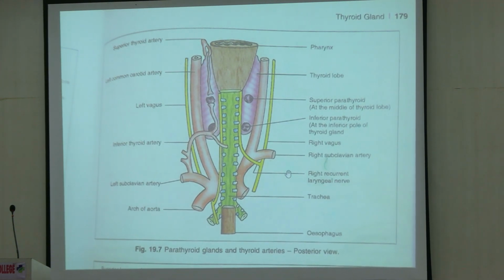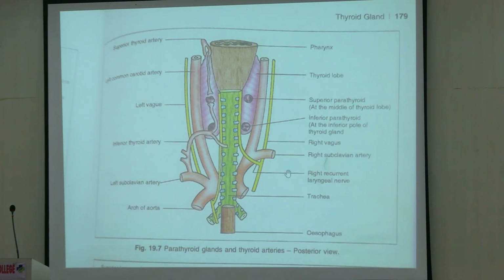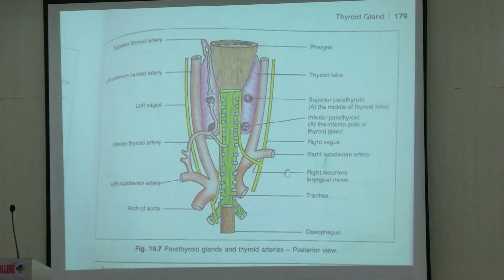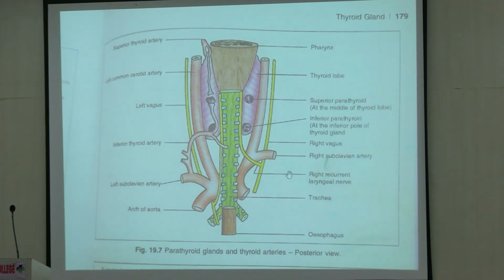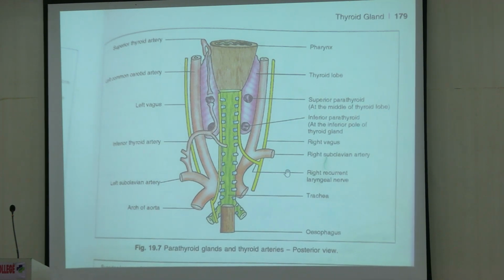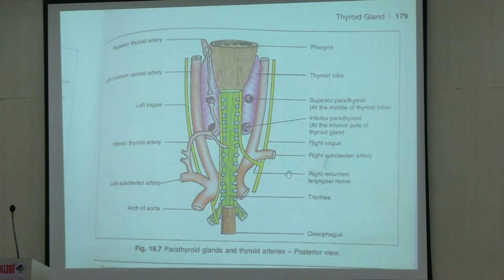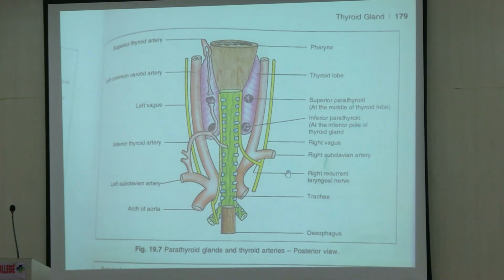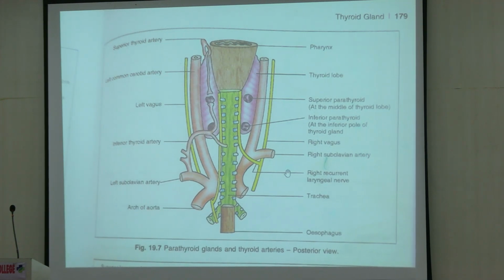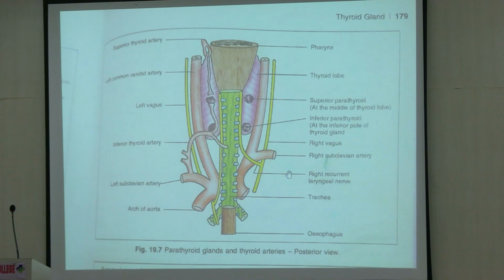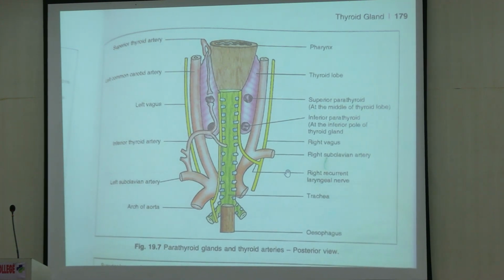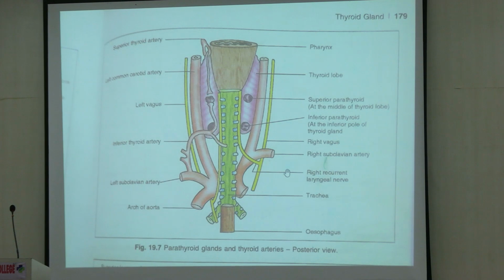So these are the two arteries, and there is another artery that comes directly from the arch of the aorta, the arteria thyroidea ima. Other arteries also supply: the arteries supplying the trachea and the esophagus may also contribute.